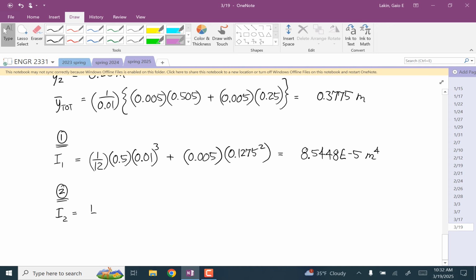I2 is equal to 1/12. This time the base is the little one. So this one, the shape itself works pretty well at resisting bending. So we have 0.01 times 0.5 to the third.